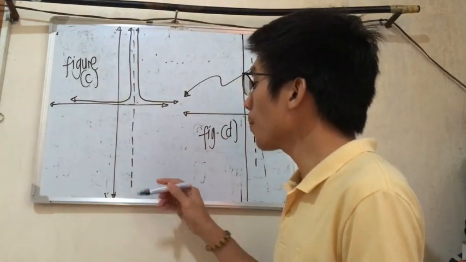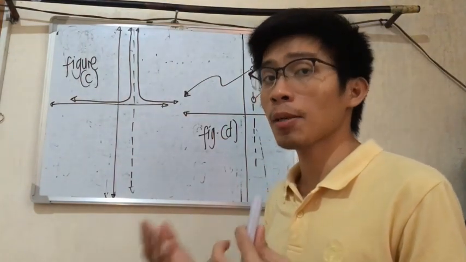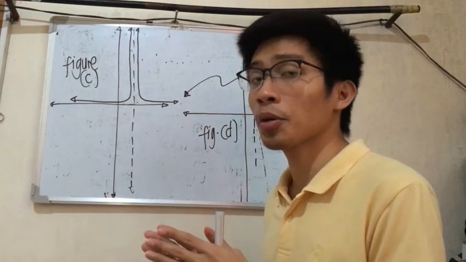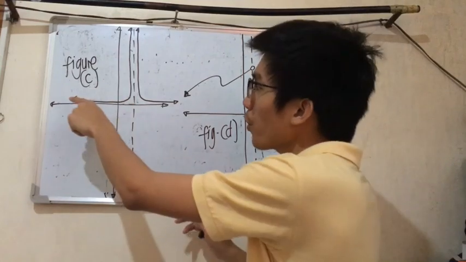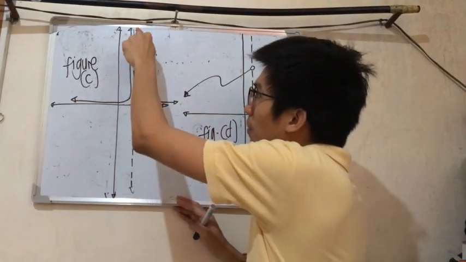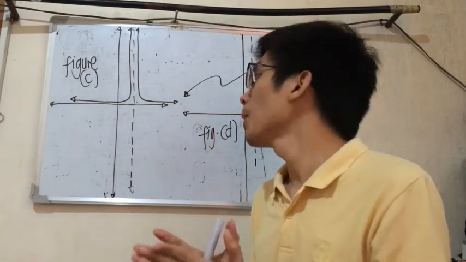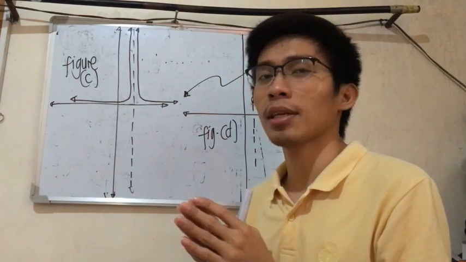We have a broken line that divides these two graphs, which we call an asymptote. And obviously, we have this part of the graph and another part of the graph, and they are not merged together. Question, is the graph continuous or not?